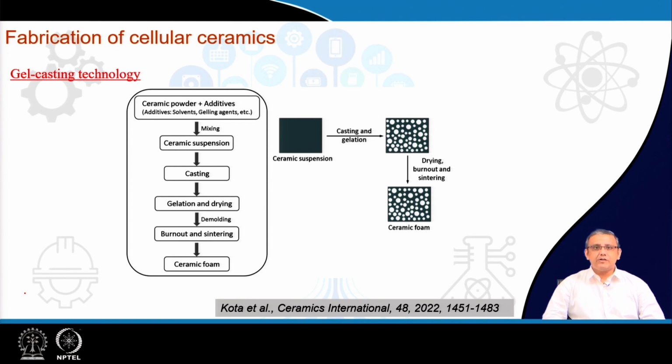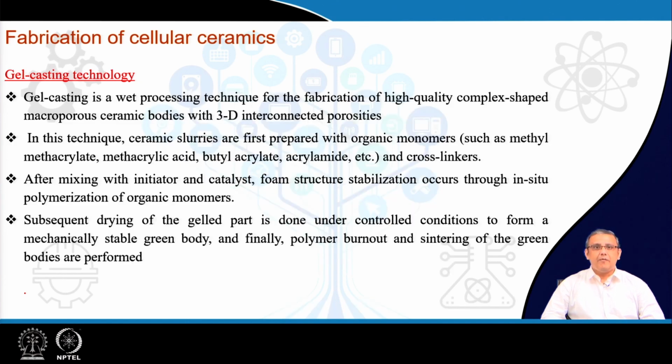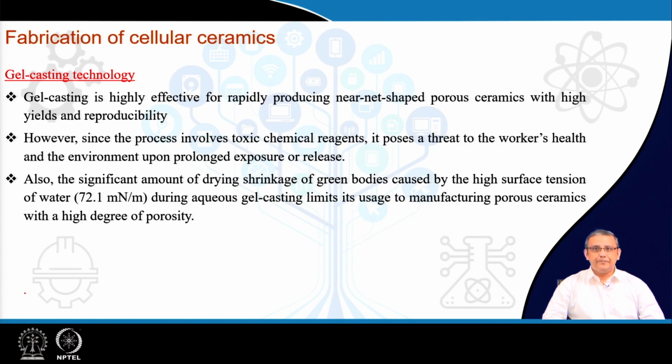So, the gel casting process has many advantages. One of them is that, as I already mentioned, the process is very simple and also extremely economic, but it also has certain limitations. One of the biggest limitations is that some chemicals are used in gel casting. These toxic chemical reagents can be a threat to the workers' health and to the environment.